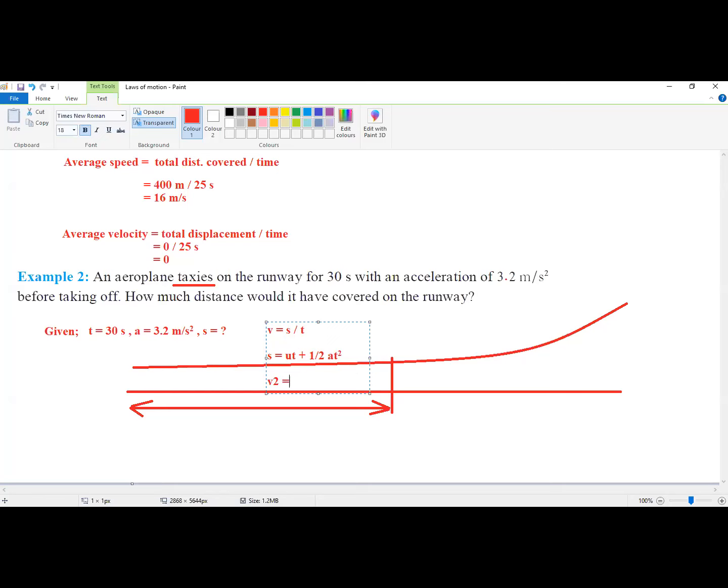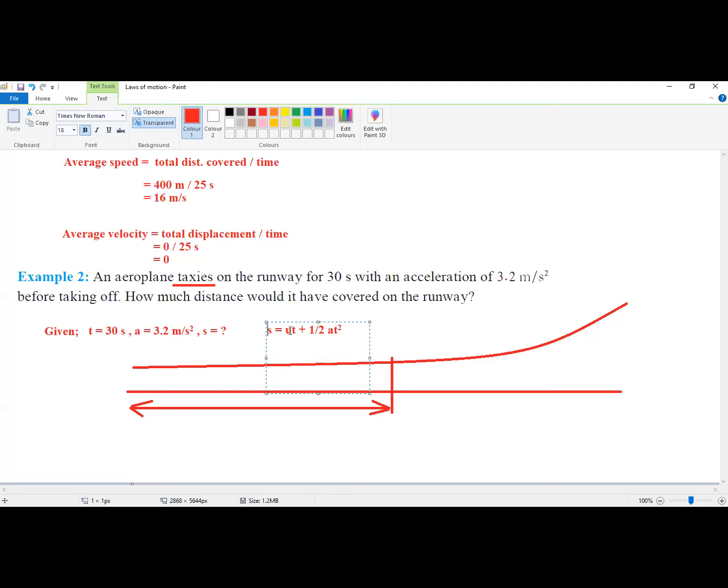And the third equation is v square is equal to u square plus twice as, which we can rearrange for s. But we are not given the initial and final velocities, so we can't use this one.